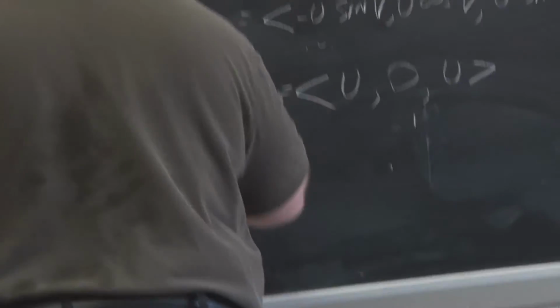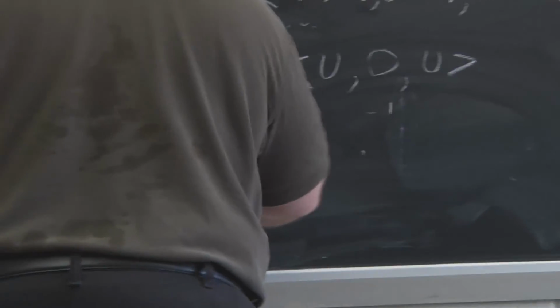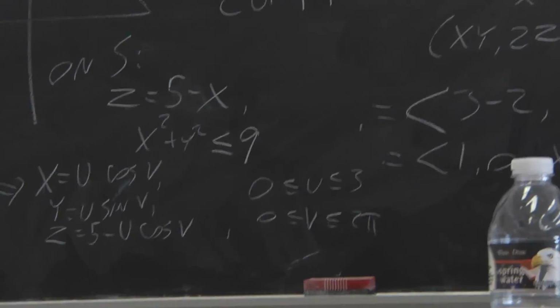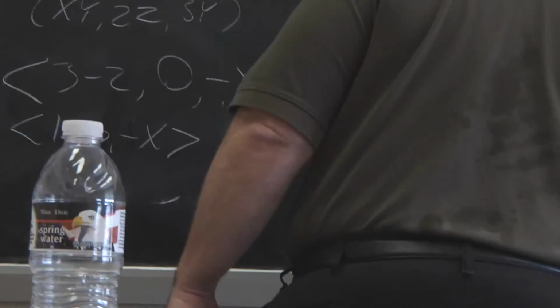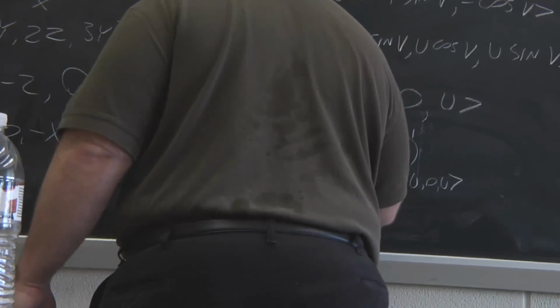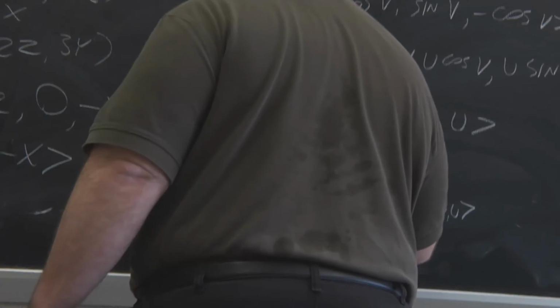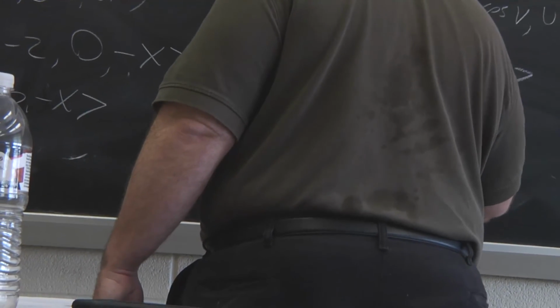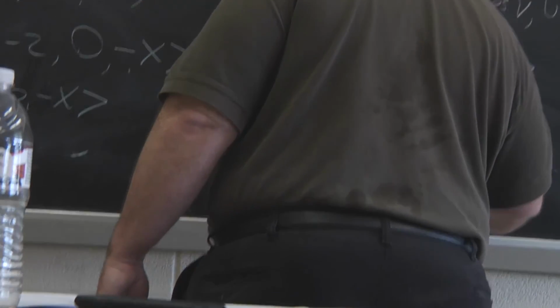So curl of F at r of u v, dot product with the normal, is equal to 1, 0, minus x, so that's minus u cosine v, dot product with u, 0, u, so that would be u minus u squared cosine v.